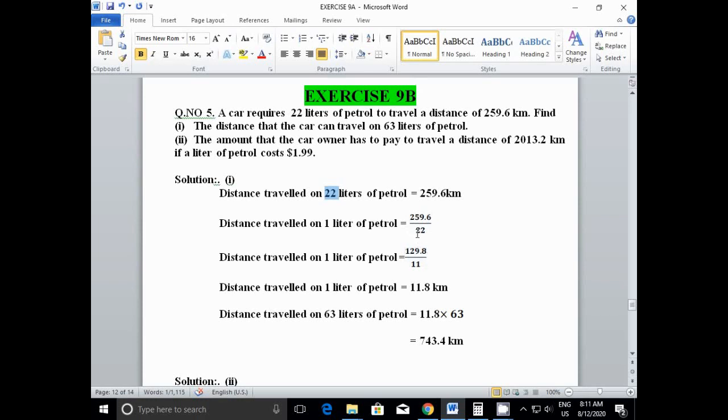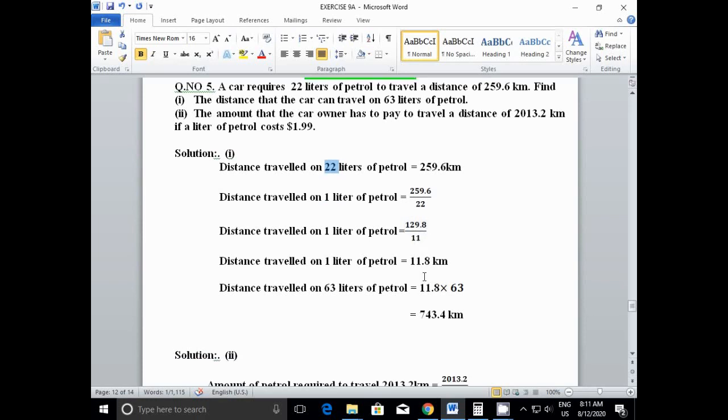Further, if we divide this 129.8 by 11, we get the quotient 11.8 kilometer, which is the distance traveled on 1 liter of petrol. So we have calculated the distance traveled on 1 liter of petrol, which is 11.8 kilometer.